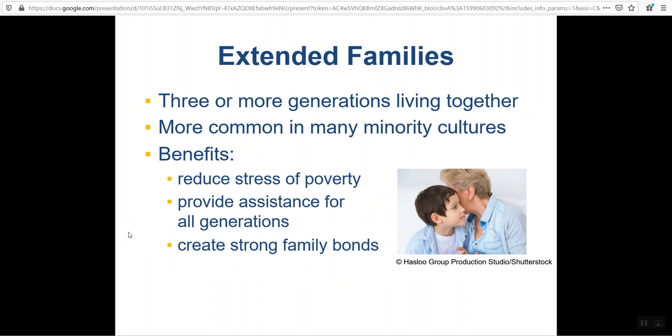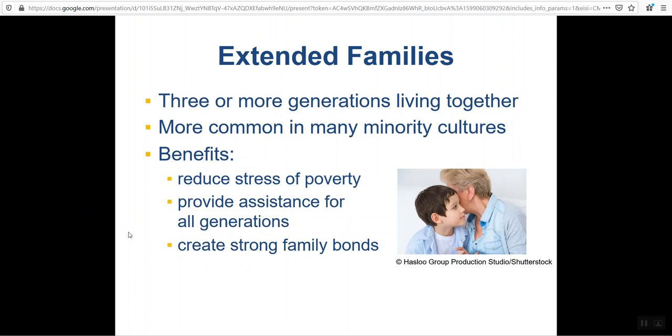Extended families, two or three or more generations living together, does seem to be more common in minority cultures, but there does seem to be an increase in all of society as our population ages and individuals are living longer. Many families are experiencing a multi-generational home environment.